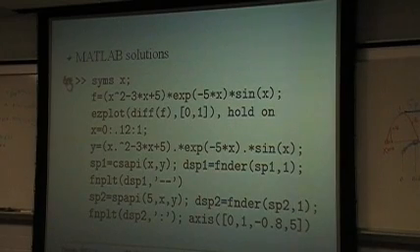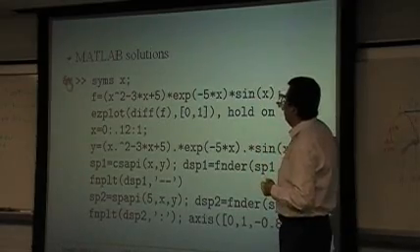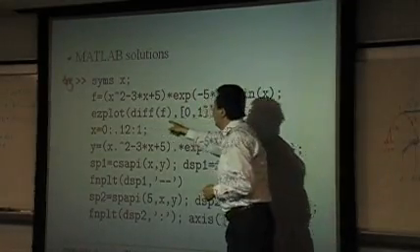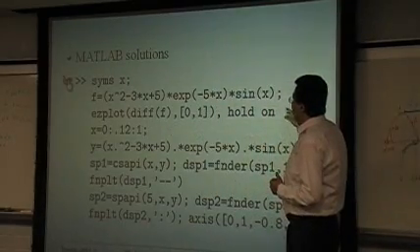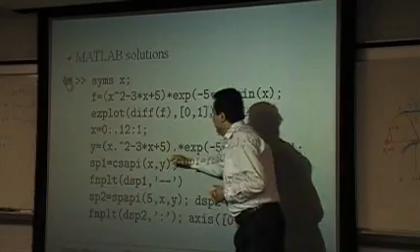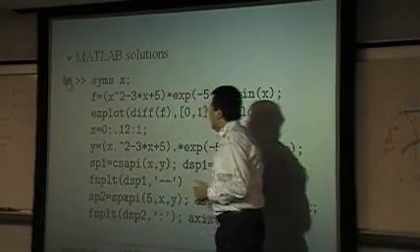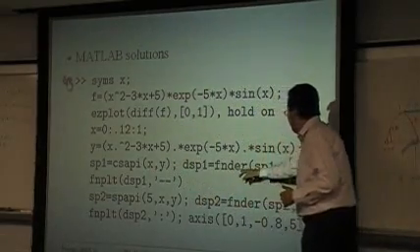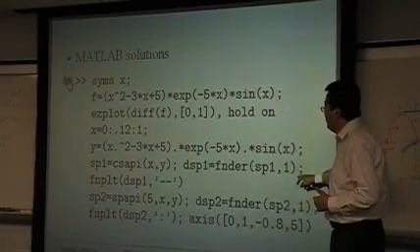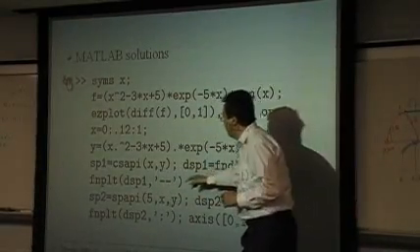So this is the code that we want to execute. First, specify the original function in a symbolic way, and then we can easily draw the first order derivative of it. And then we can generate a set of data. From the data we can generate a cubic spline object. And then we can perform first order derivative to it, and then we can draw the results in dashed lines.